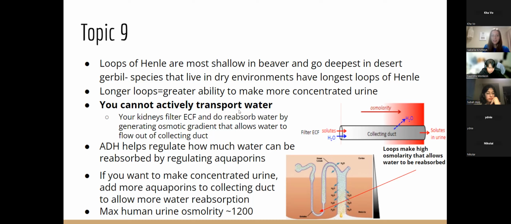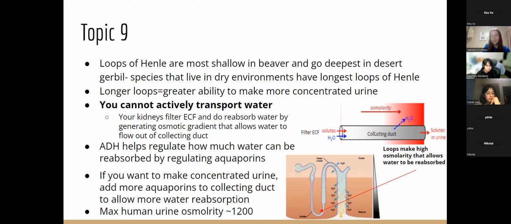You cannot actively transport water, which is an important fact to remember, that water will always move passively. So your kidneys do filter ECF and they do reabsorb water, but they do this by generating an osmotic gradient that allows water to flow out of the collecting duct.